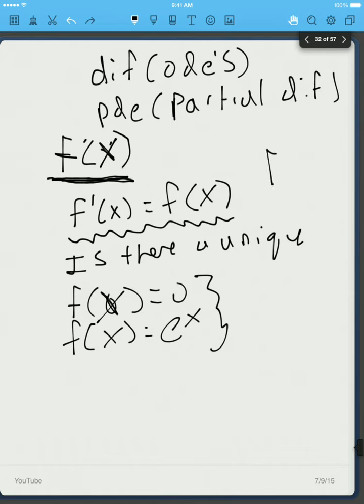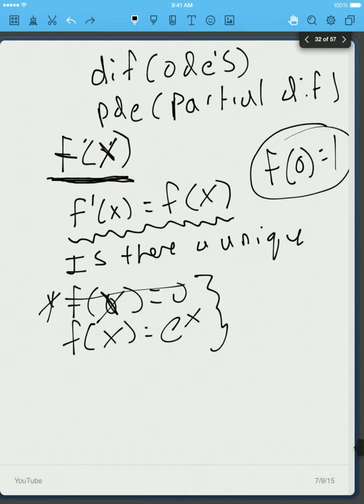If I say something like f of 0 equals 1, well, f of 0 here is not equal to 1, it's just equal to 0. But for the second one, that's equal to 1. So I put a condition, we call this an initial condition, and I find that this is a solution.